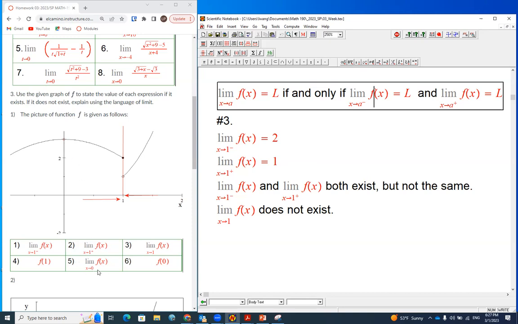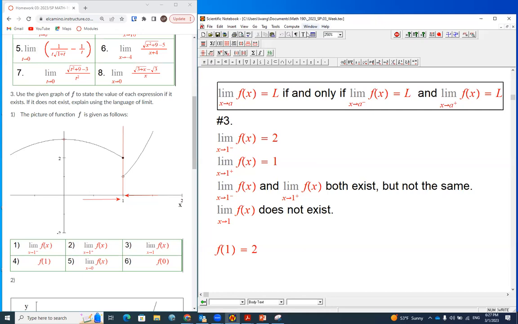Now let's look at zero. You guys can answer question number 4, right? Number 4 says f of 1. We already did it. f of 1 is equal to 2 because of the vertical line we drew. How about f of 0?